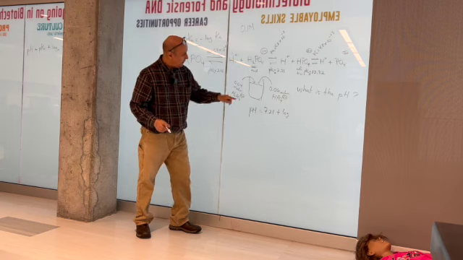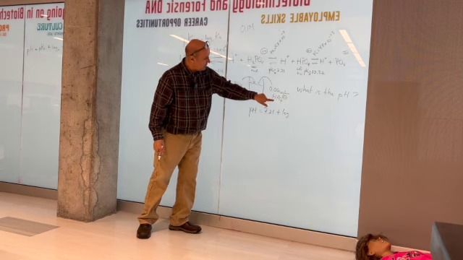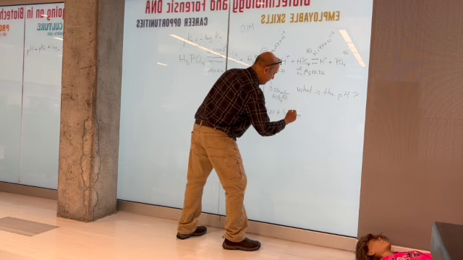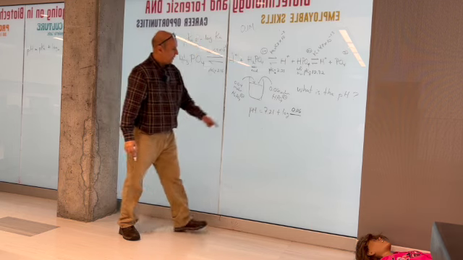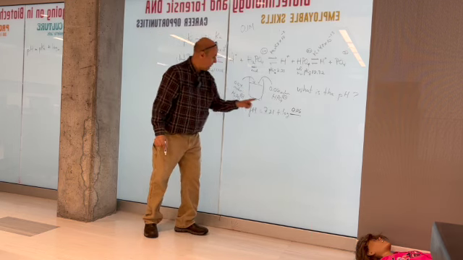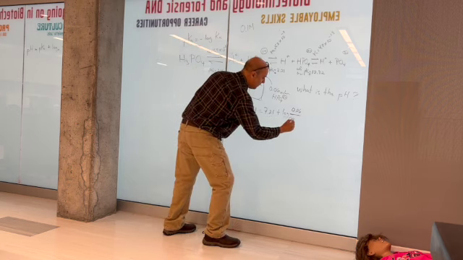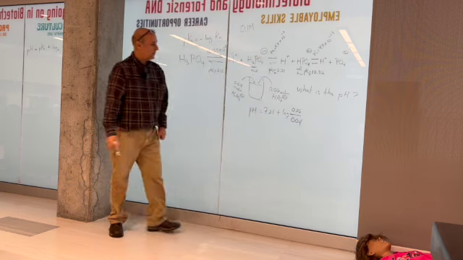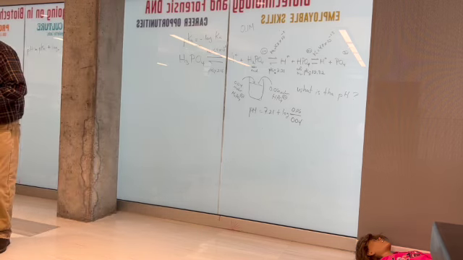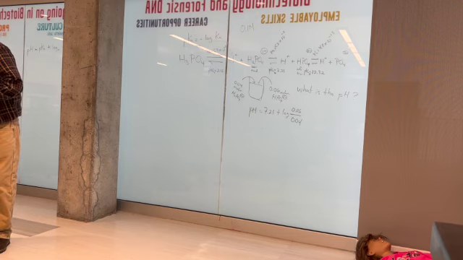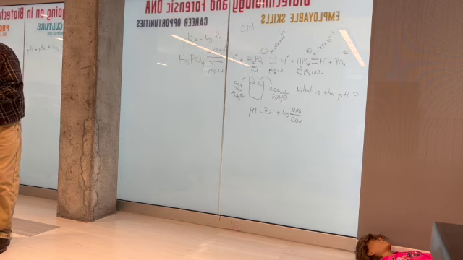We need to pick right. This right here is a conjugate base, so that has to be on the top. And this down here is a conjugate acid, which is this one, so that has to go on the bottom. And then we'll do the arithmetic. So 0.06 divided by 0.04, and then I'm going to get the log of that.